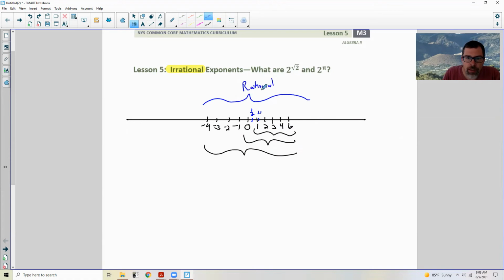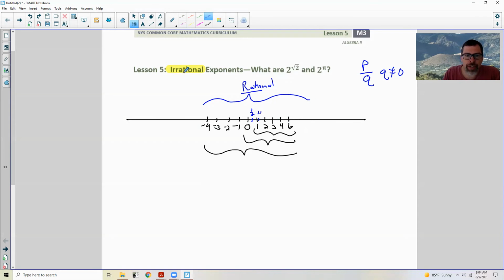The root word for rational is ratio, which means they can be represented in the form of P divided by Q, where Q does not equal 0, because I can't divide by 0. So let's recap. Rational numbers are all naturals, all whole numbers, all integers, plus the fractions in between these.